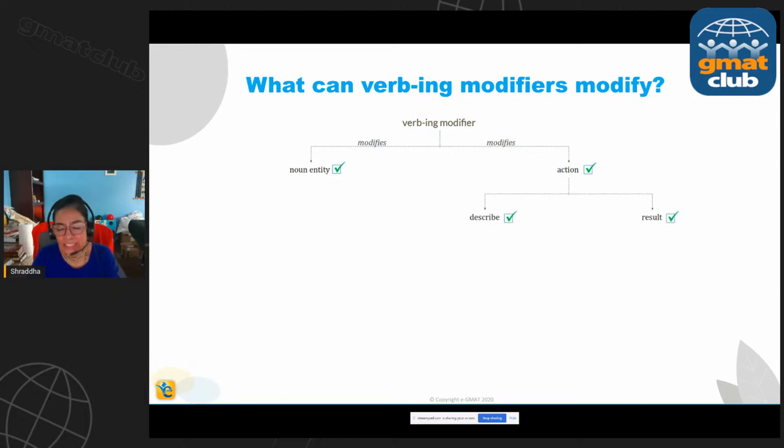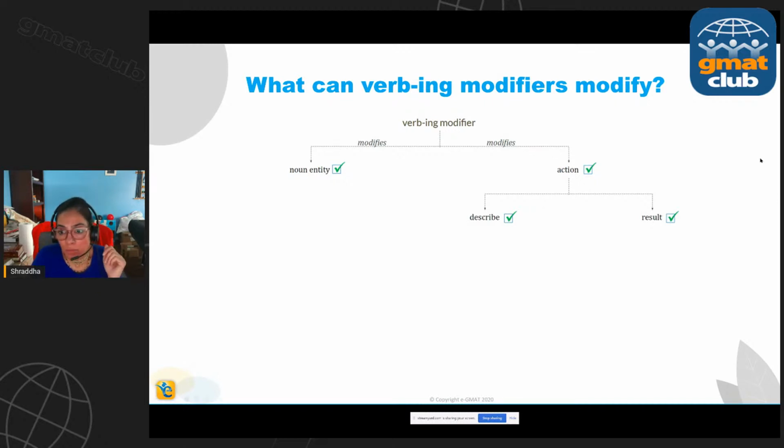When it modifies a noun, it's very simple: it presents the action that the noun entity is performing. We'll take examples to clarify it further.